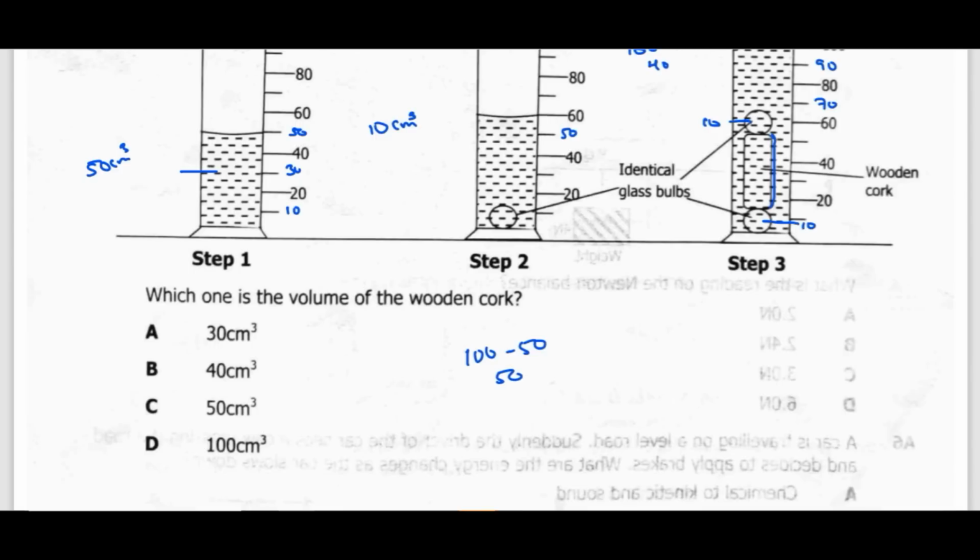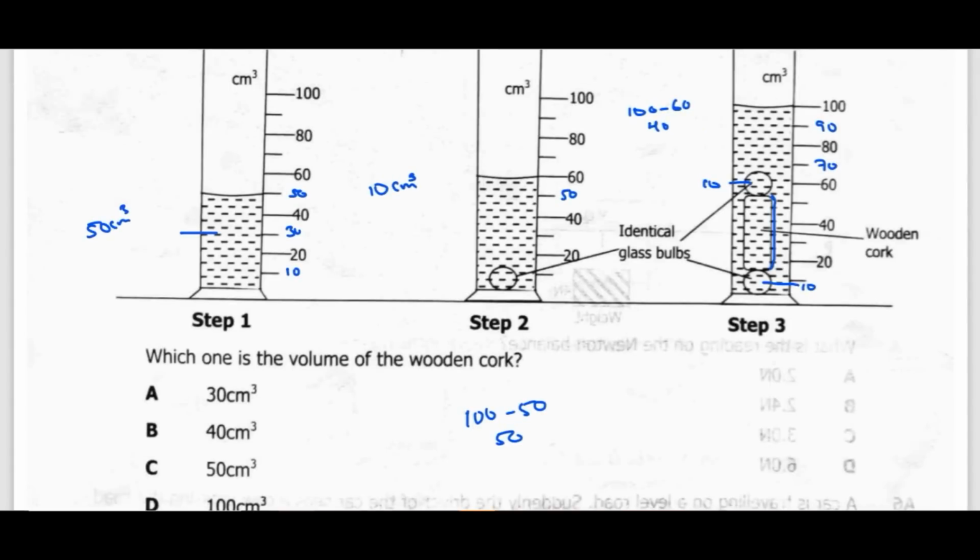Now this 50, we've removed the first volume of the liquid, so we're going to remain with a 50. In this 50 that we're going to remain with, we're going to subtract 20 for what?